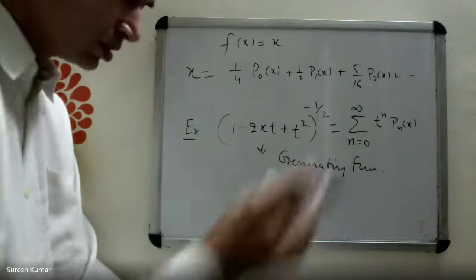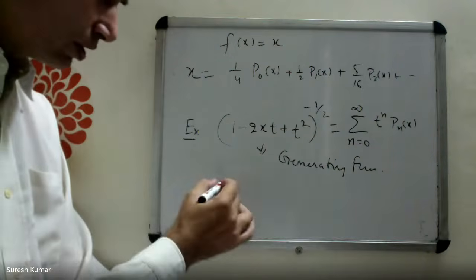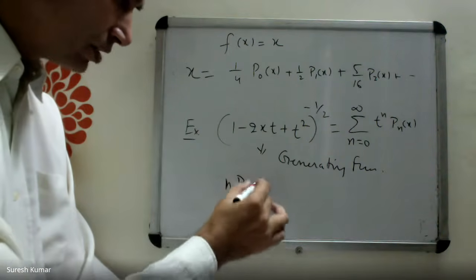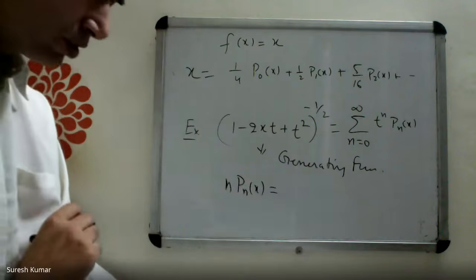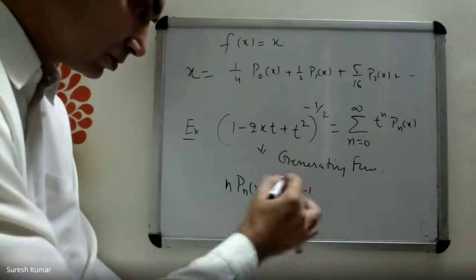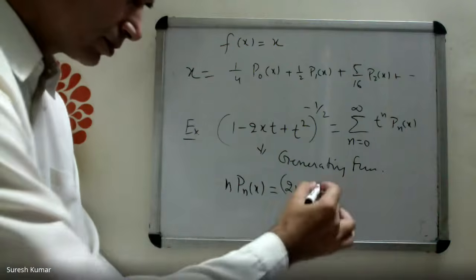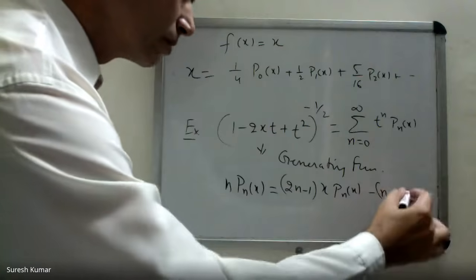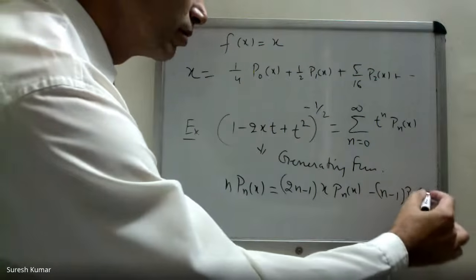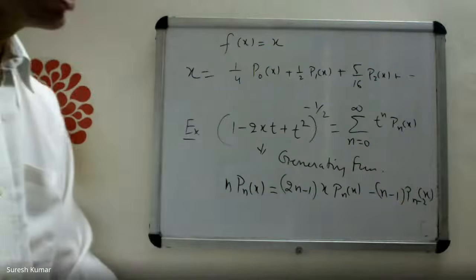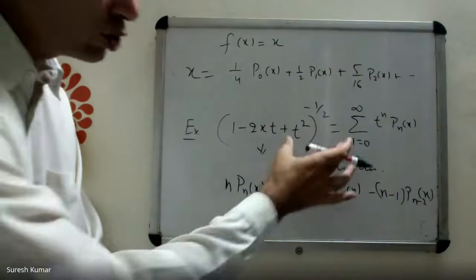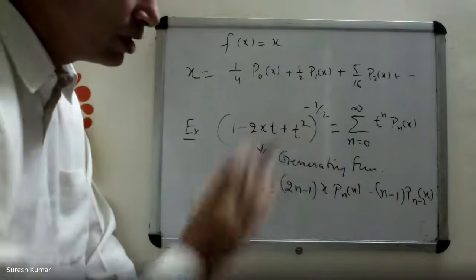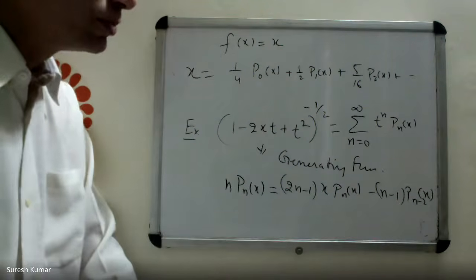And from this, we can prove one thing known as the recurrence formula for Legendre polynomials. This is the final thing I wanted to tell you. You need not prove this one, okay? Just remember that this is a formula that can be proved.